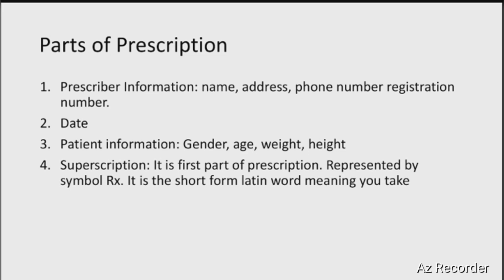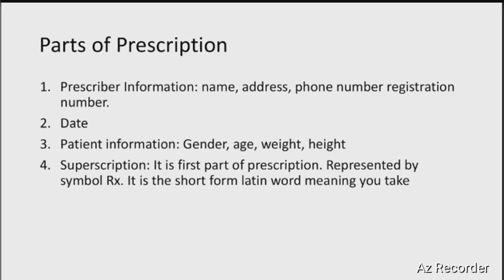It is represented by the symbol Rx, the short form of a Latin word meaning you take. Super means first: super, first, superscription. The first part is represented by the symbol Rx, derived from a Latin word which means you take. So superscription is the first part of the prescription.